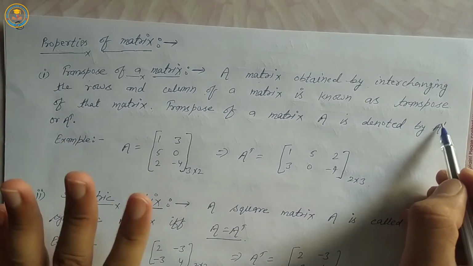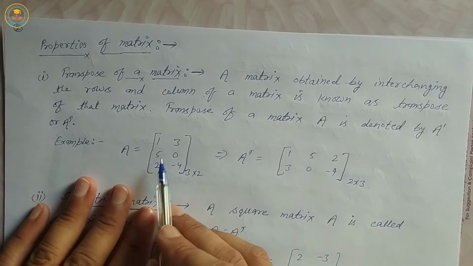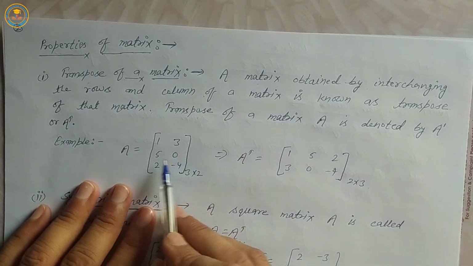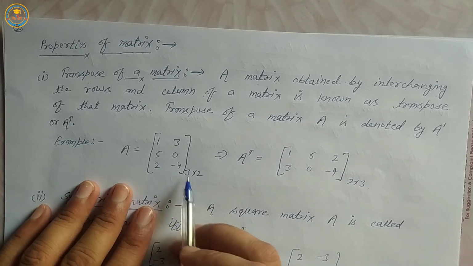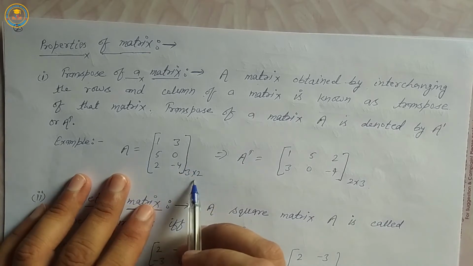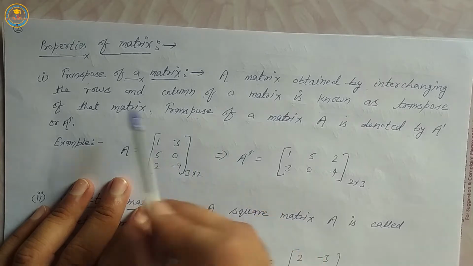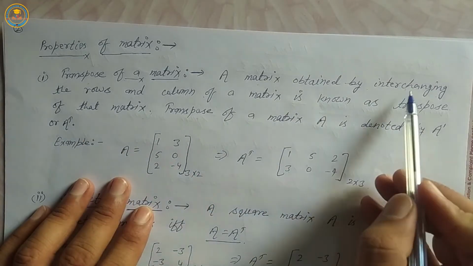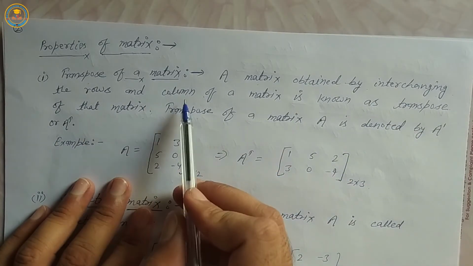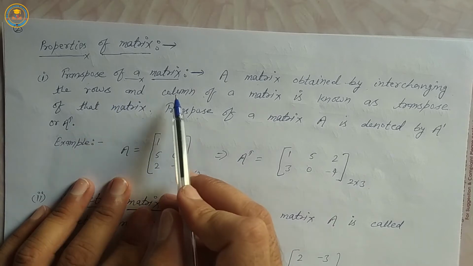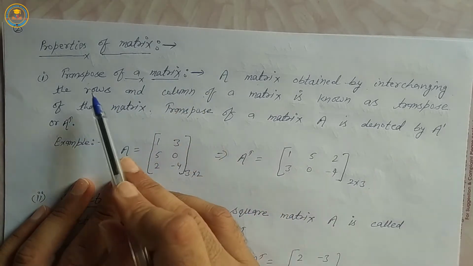For example, matrix A is equal to 1, 3, 5, 0, 2, minus 4. The order of the matrix is 3 by 2. By the definition of transpose, we interchange rows and columns.